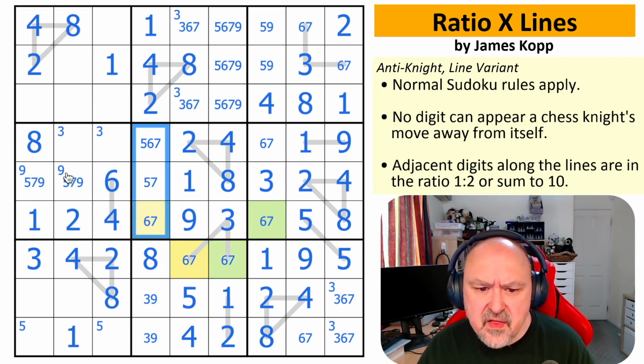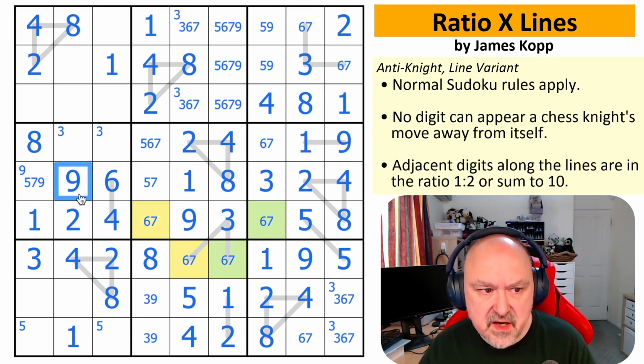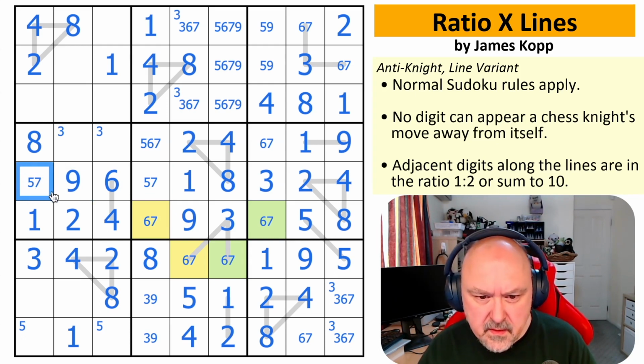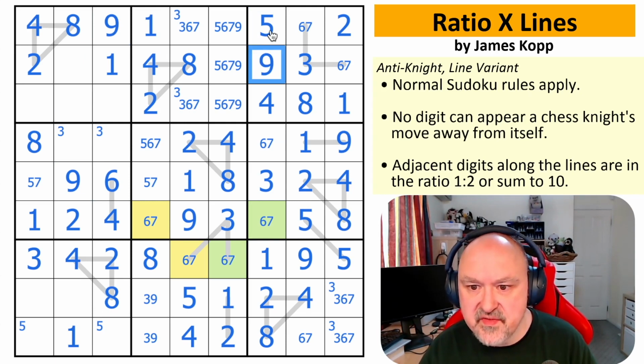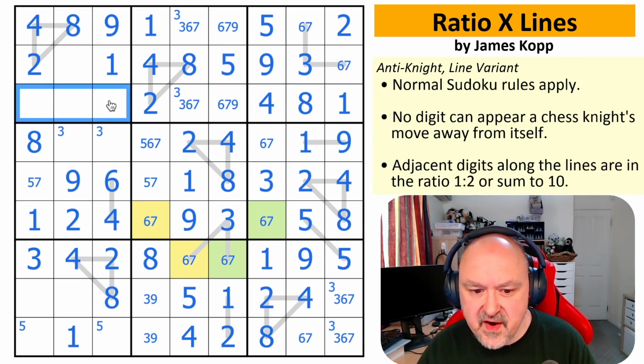Five, six, seven. That can't be 5 or 7. If that's 5, there's no 5 in this box. If that is 7, there's no 7 in this box. This is the 9. So now 9 is not in any of those 4 cells, because that 9 sees all of them. That becomes the 9. This becomes the 5. This becomes the 9. There is no 5 here or here, so this becomes the 5, which puts 5 down here.